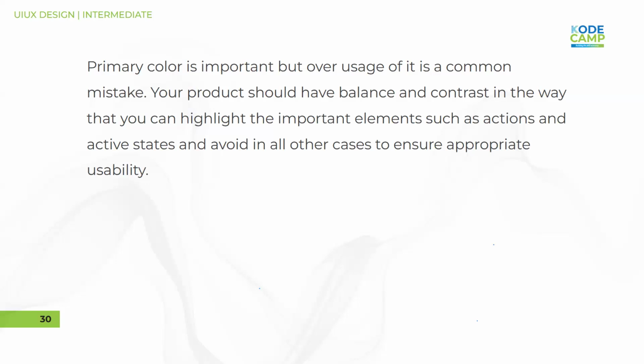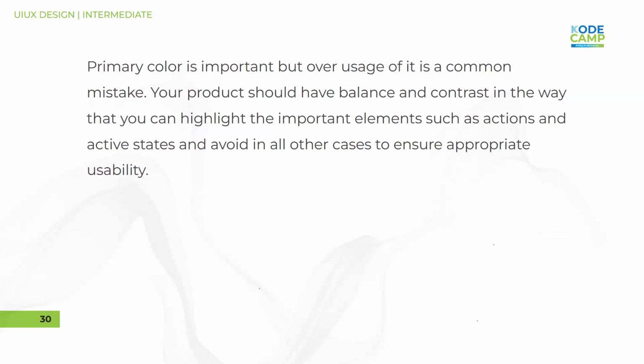All right, so for example, if everything is blue, the header, the buttons, icon, text, well, nothing stands out. So use your primary color intentionally. This is when you use it to highlight call to action buttons or call to action text and links, active state, and well, in some areas we use it for backgrounds.